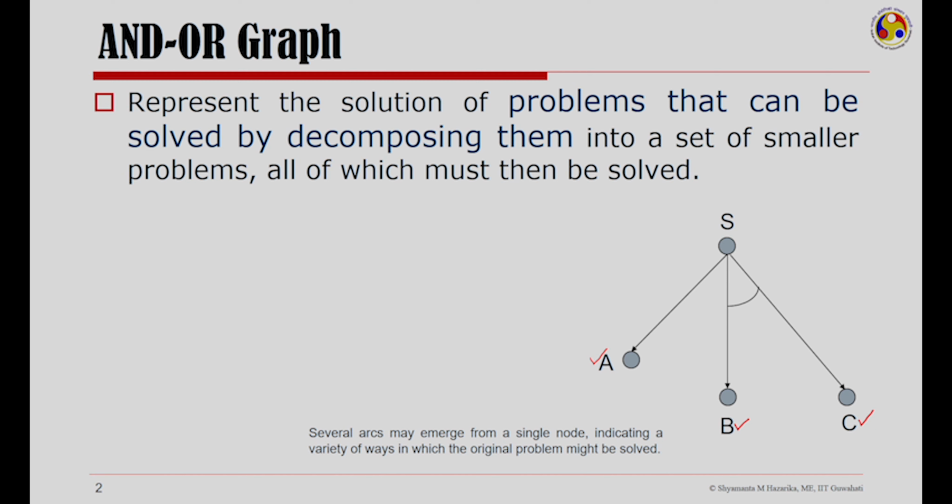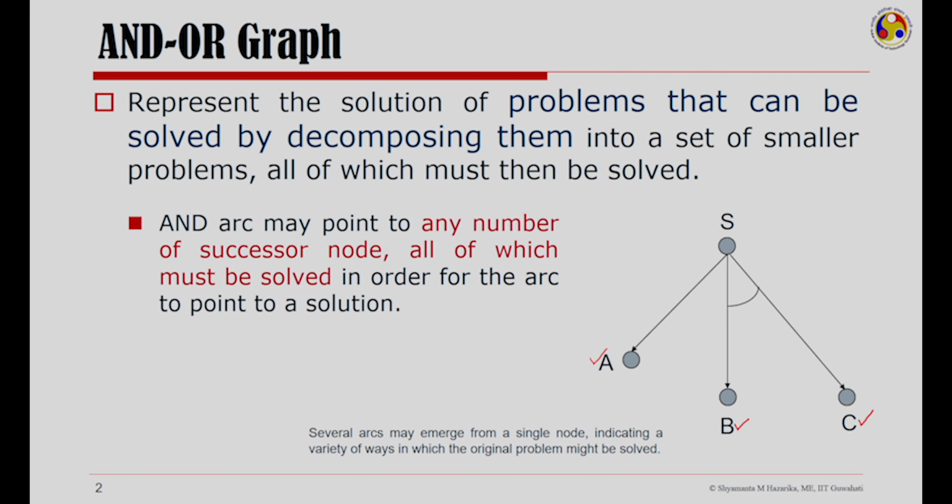When it is solved by solving B and C both, we tend to name it as an AND arc, and the AND arc points to a number of successor nodes, all of which must be solved in order for the arc to point to a solution.